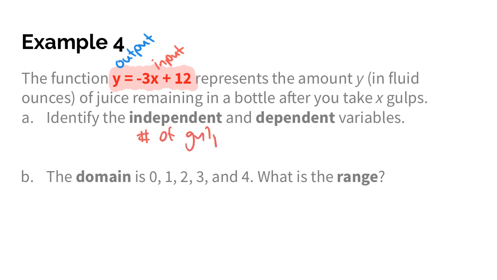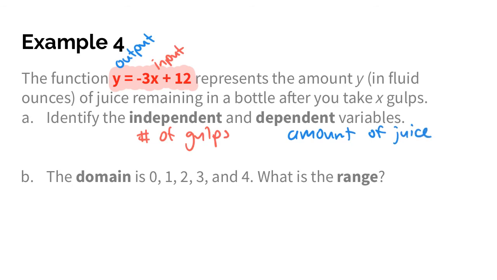Because I can take 1 gulp of juice, I can take 2 gulps of juice. I decide how many gulps of juice I'm going to take. But the amount of juice that's left over depends on the number of gulps. So the amount of juice is going to be my dependent variable.